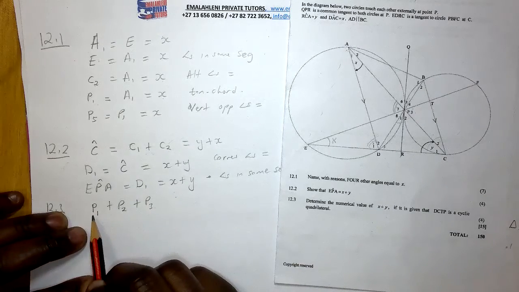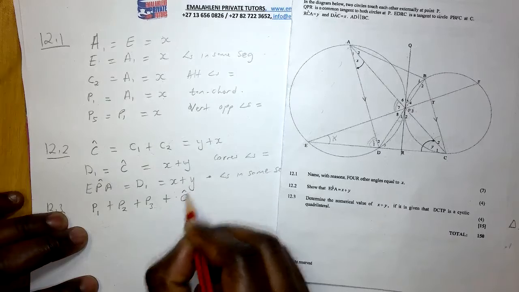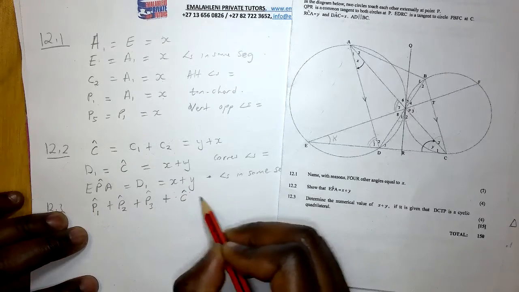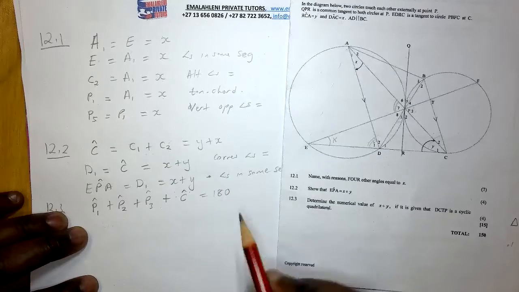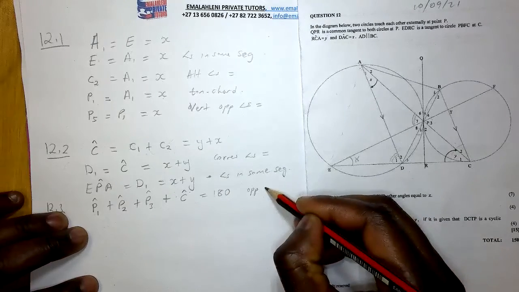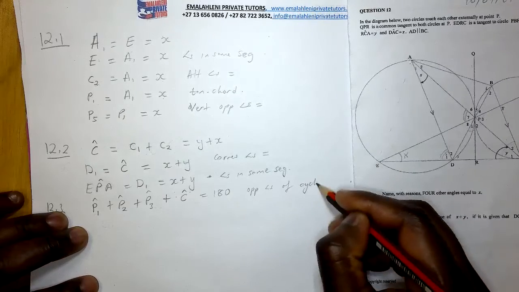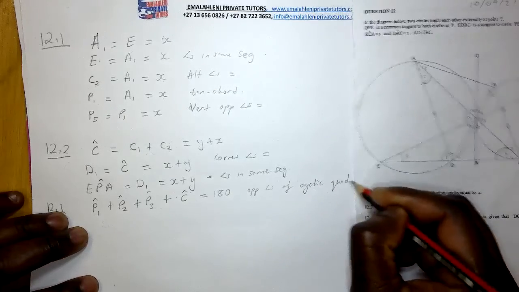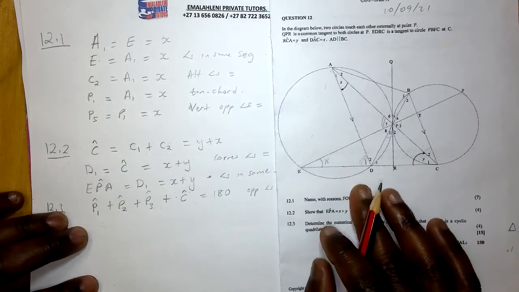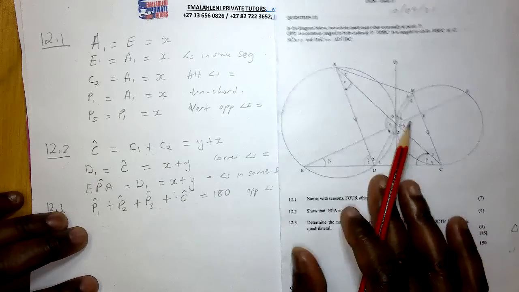So if we add these angles here plus C, they must give us 180. Now we are saying opposite angles of a cyclic quad. So that's the property that we're going to deal with now, so that we can get to our answer. So we know that these two here, if we add them, we get 180.